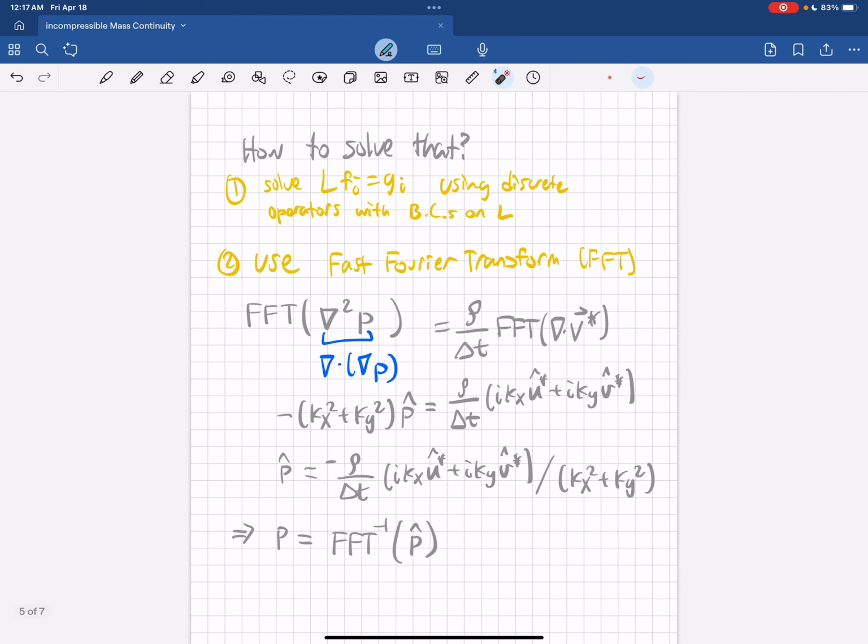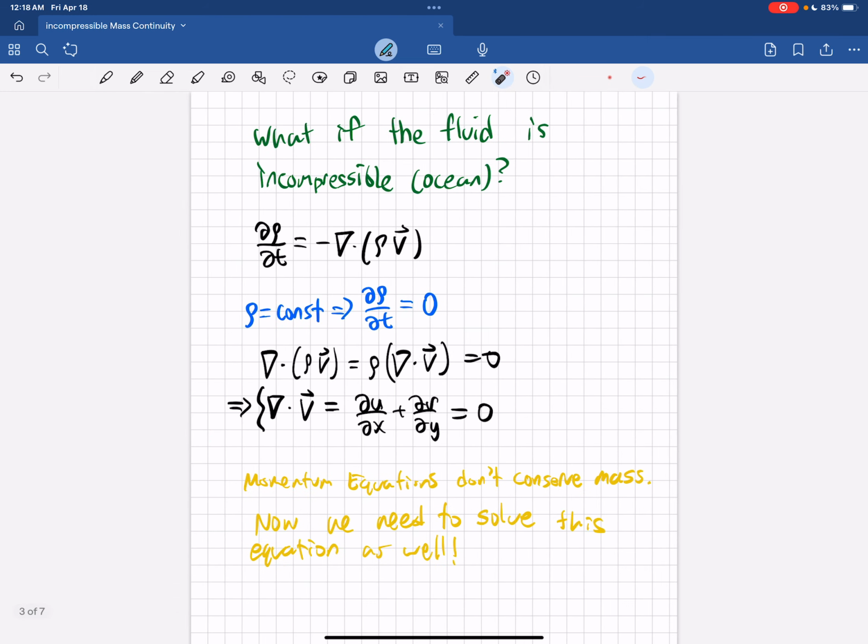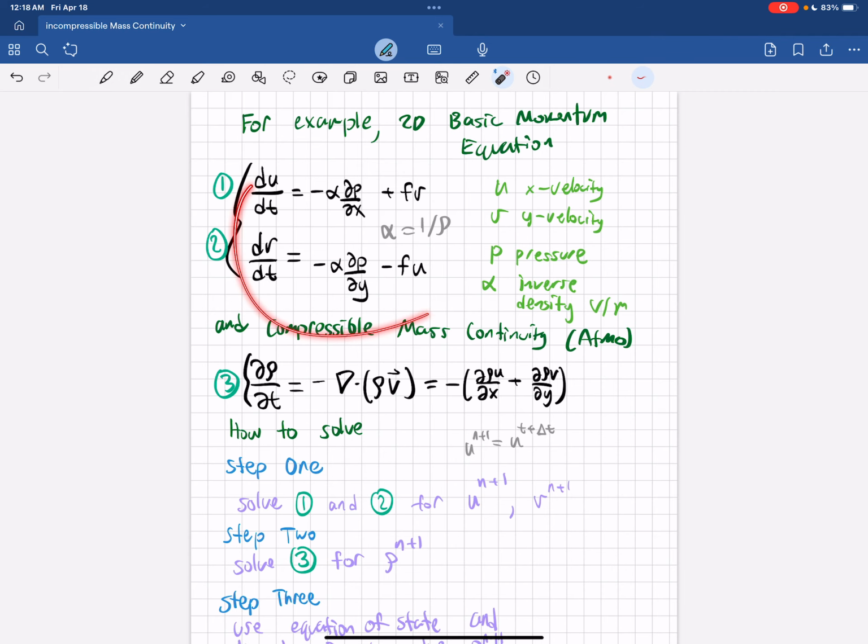And I think it's this equation. I'm always like, where's that coming from? There's not really a proof of some equation for pressure like this. Well, this works for incompressible fluids. It comes out of using this method to couple the two equations, which are this equation and these equations.